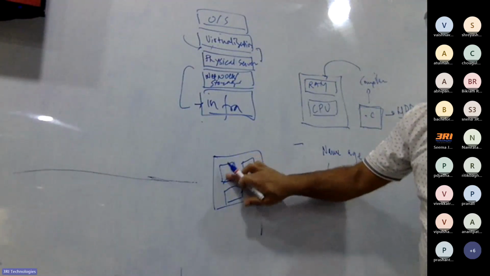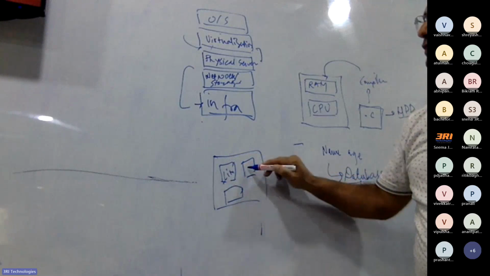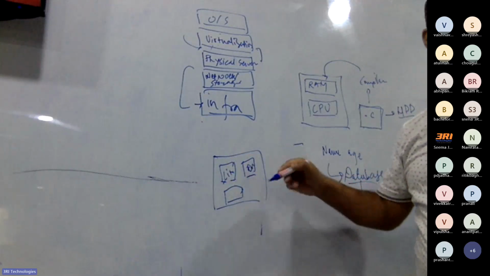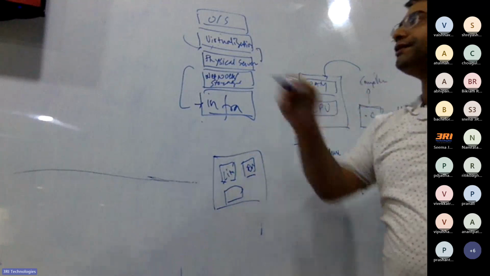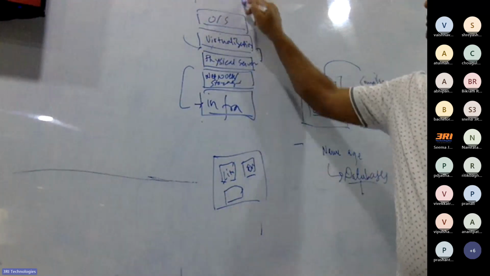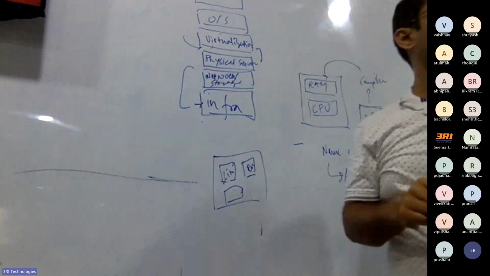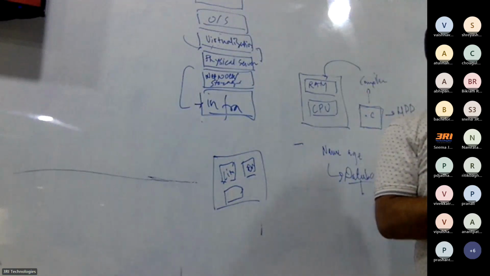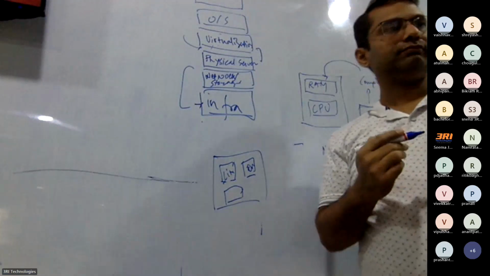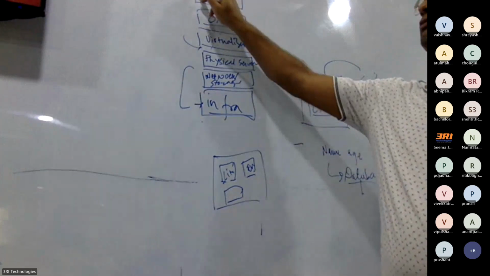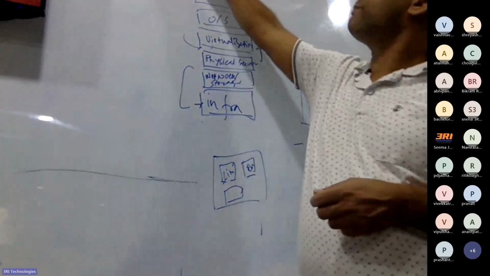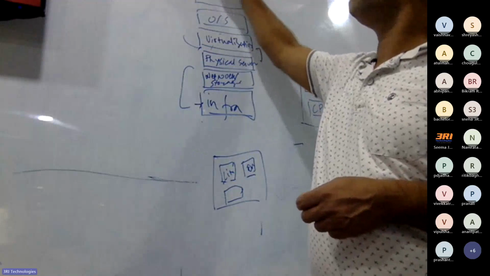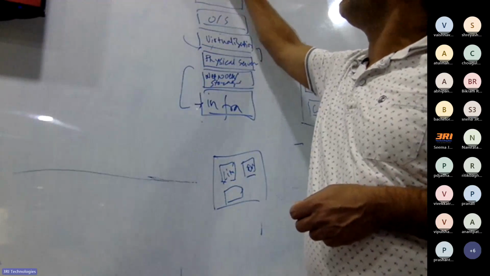For example, some of these would be running Linux, some another, Ubuntu or something like that. After that, operating system done. What else? This is your application. I will start now from this side. Application.